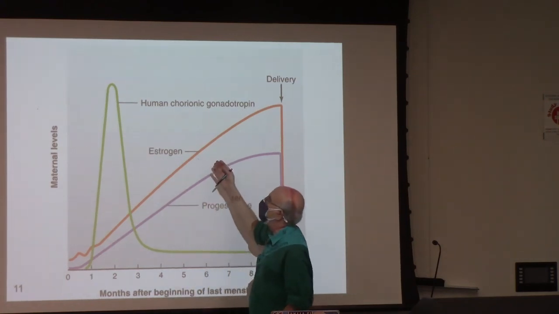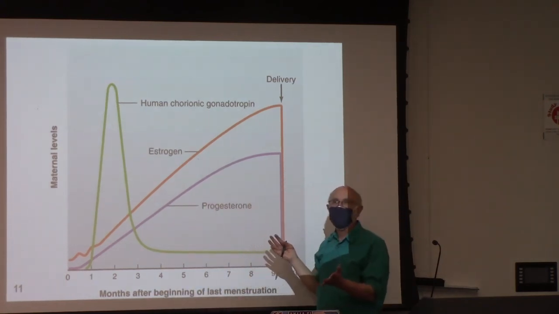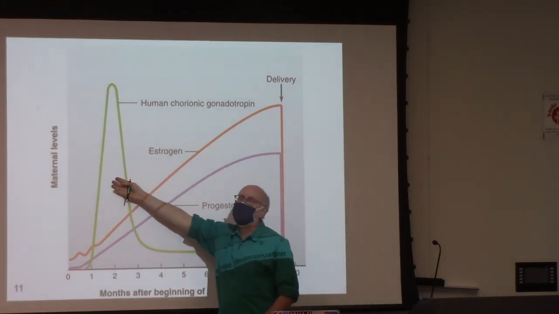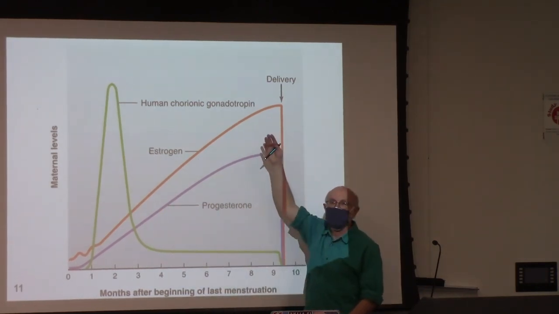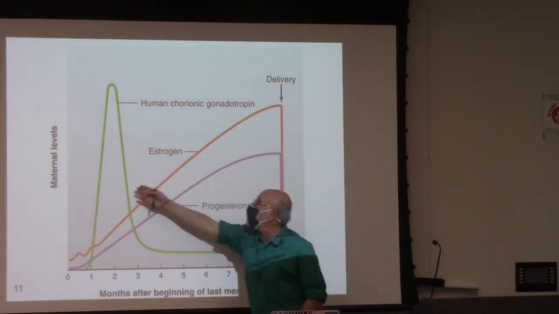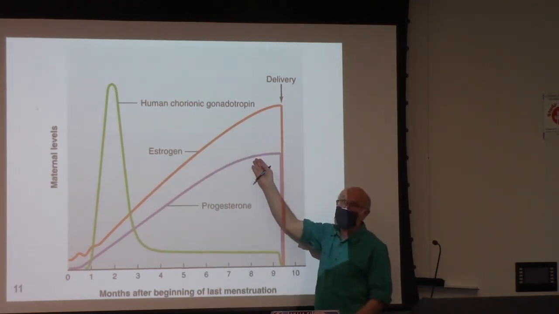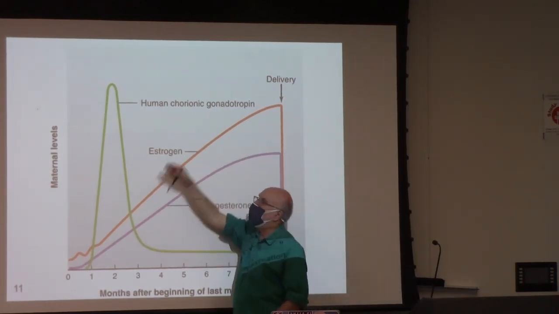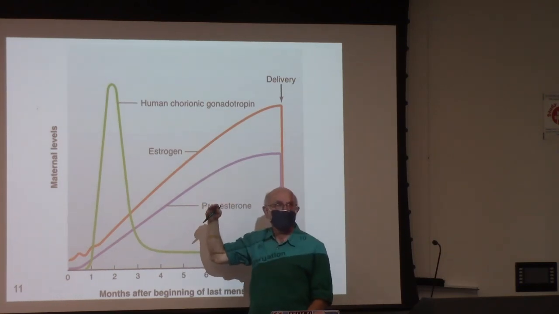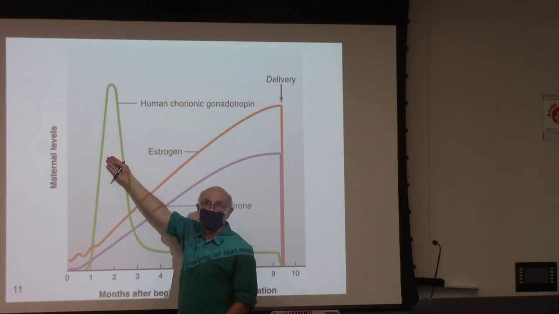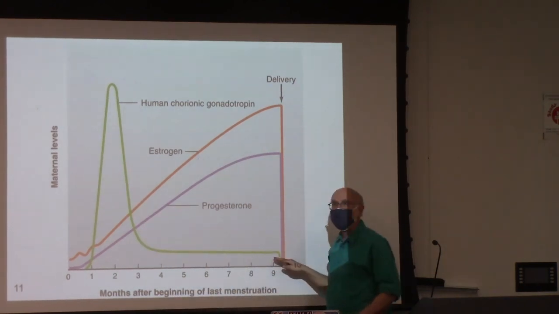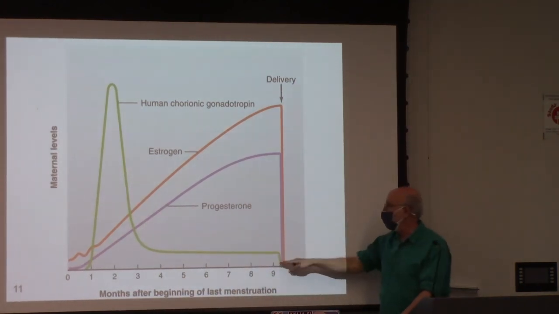This is presumably on different scales. There's no scale bar here. Chorionic gonadotropin can't possibly be as high, in milligrams per milliliter, as estrogen and progesterone, I don't think. But this is all normalized, right? But there's a spike in chorionic gonadotropin upon implantation, and then it falls off to a steady, but not zero level.